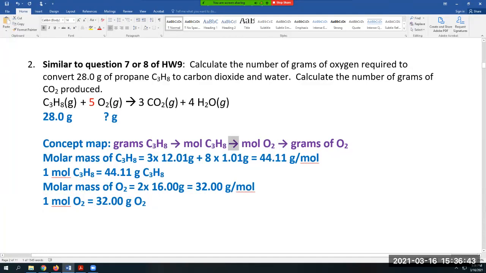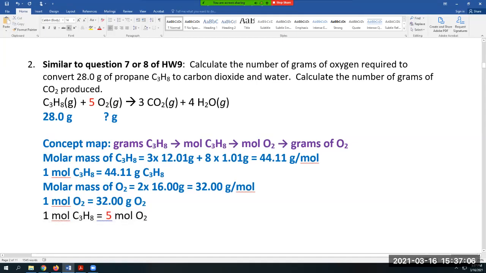And for the conversion in between here, the mole to mole conversion, we need to use the chemical equation coefficients. And we said earlier, 1 mole of propane will react with 5 moles of oxygen. So mathematically, we write it like this: 1 mole of propane reacts with 5 moles of oxygen.